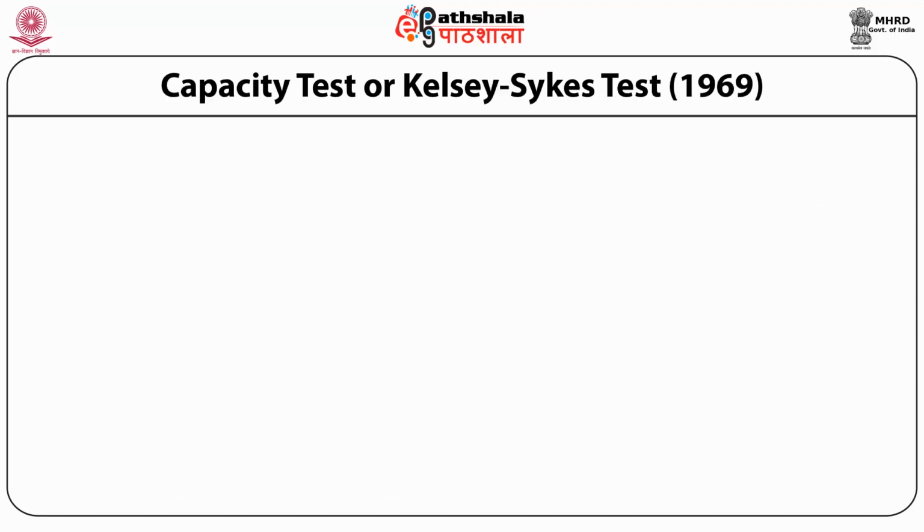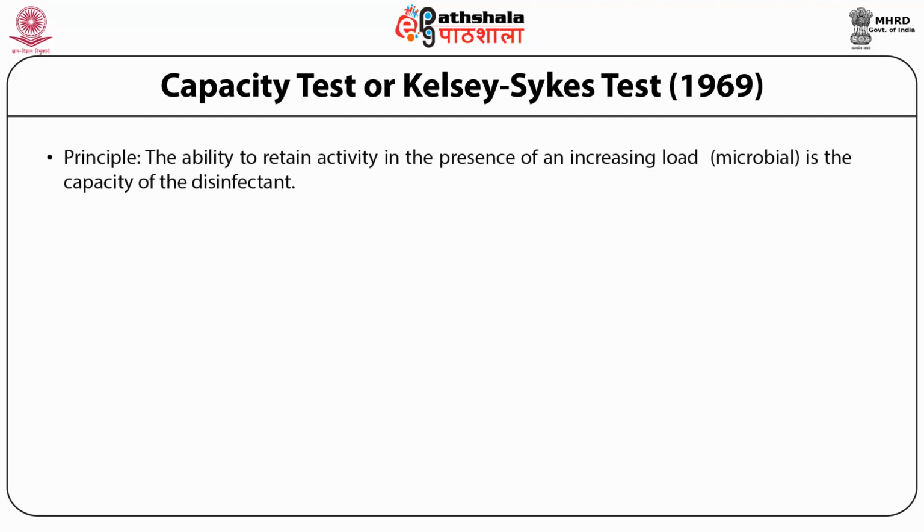Capacity test or Kelsey-Sykes test. The principle behind the capacity test is that the ability to retain activity in the presence of an increasing load, that is increasing microbial load, is the capacity of the disinfectant.